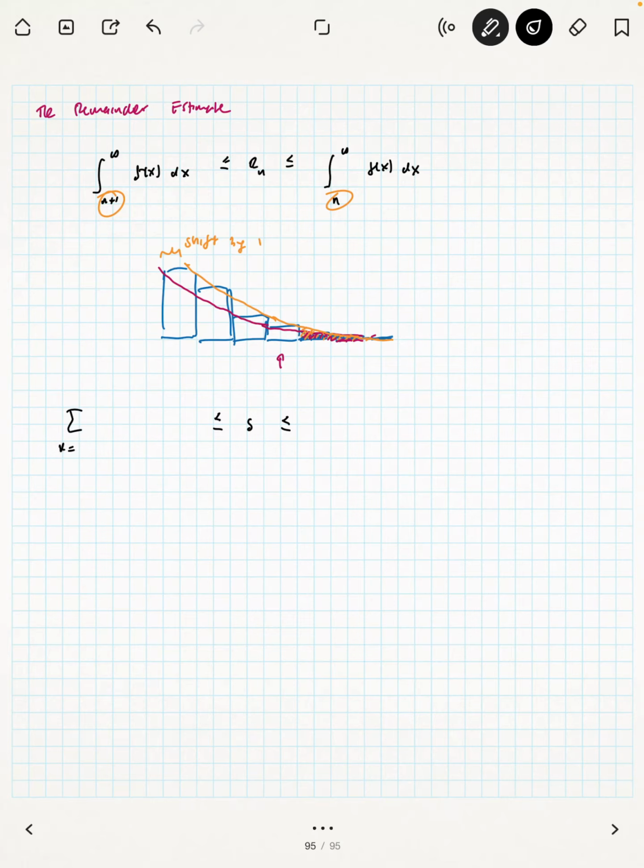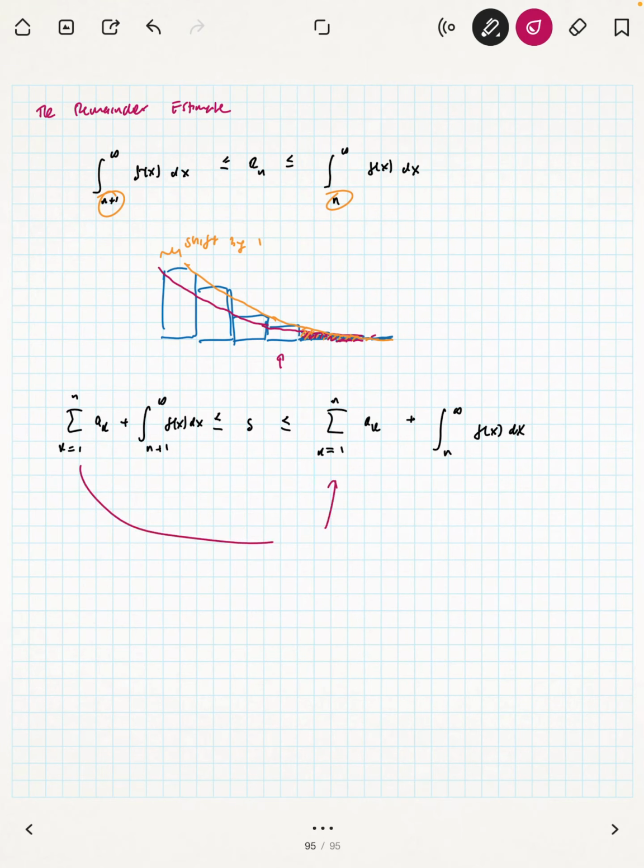Specifically, the nth partial sum plus the improper integral from n plus 1 to infinity, and the nth partial sum plus the integral from n to infinity of f(x) dx.